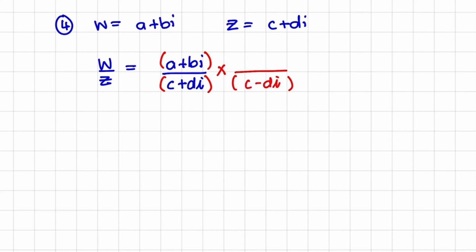So that is c minus di. Remember, if I have c plus di, the conjugate of that is c minus di. And in order to simplify this fraction, I multiply both the numerator and the denominator by the conjugate.